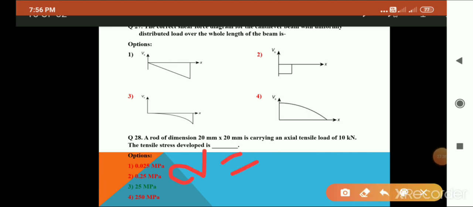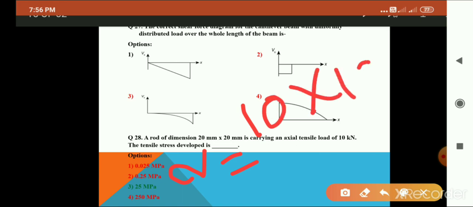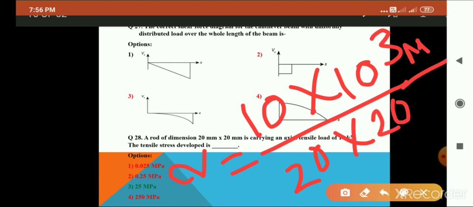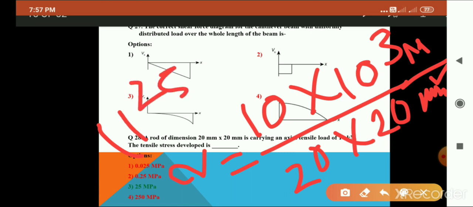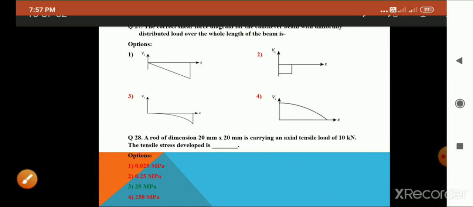Sigma equals P by A. P here is 10 kilonewton, into 10 cube to make it Newton, divided by the area, which is 20 millimeter into 20 millimeter. The final unit is Newton per millimeter square, which counts as megapascal, and the final answer we get is 25 megapascal. So option 3 is the correct answer.